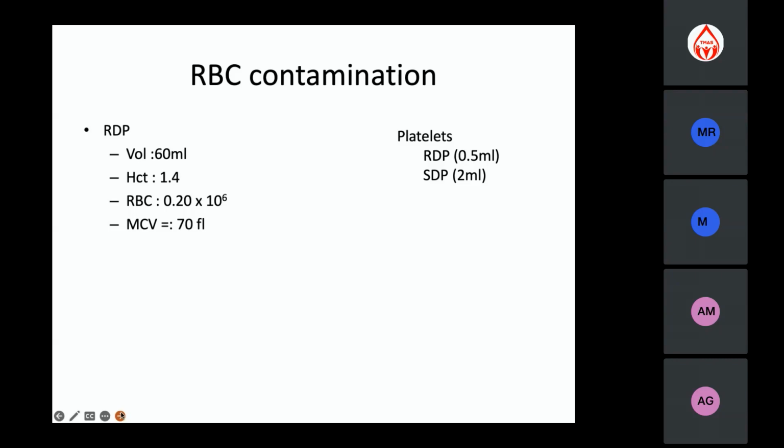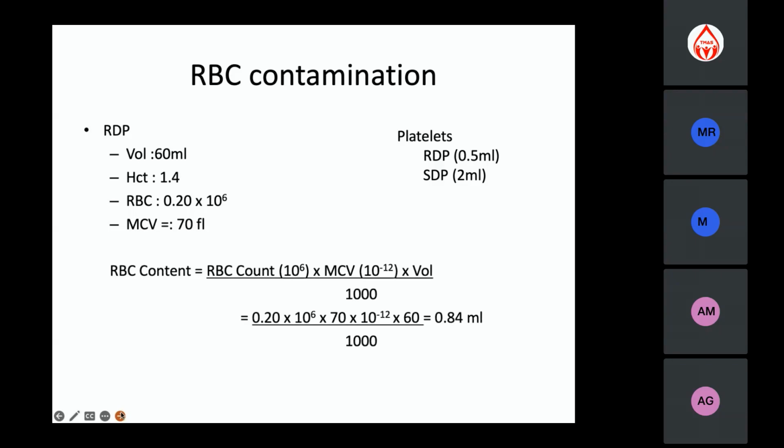We know the acceptable RBC contamination limit for an RDP is 0.5 ml, and for SDP it is 2 ml. So the RBC content can be estimated by RBC count, expressed in 10 power 6, into MCV, expressed in milliliters, that is 10 power minus 12, into the volume of the bag divided by a correction factor of 1000 to make it uniformly ml.